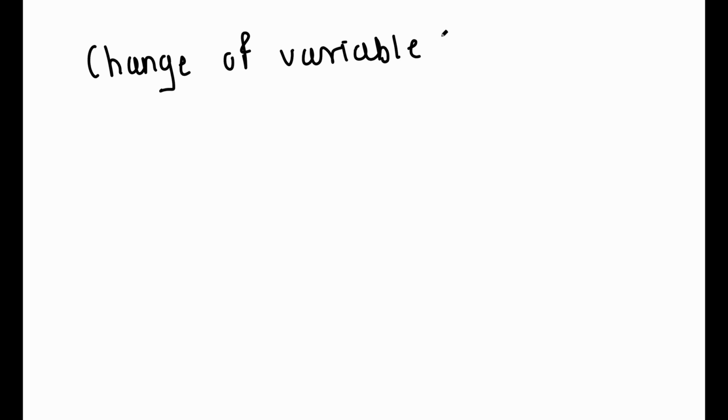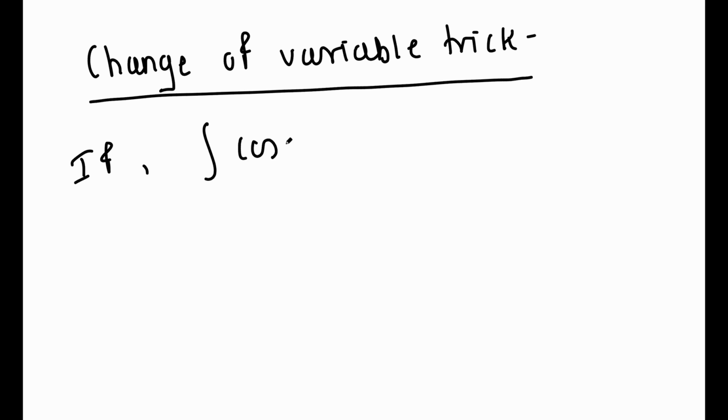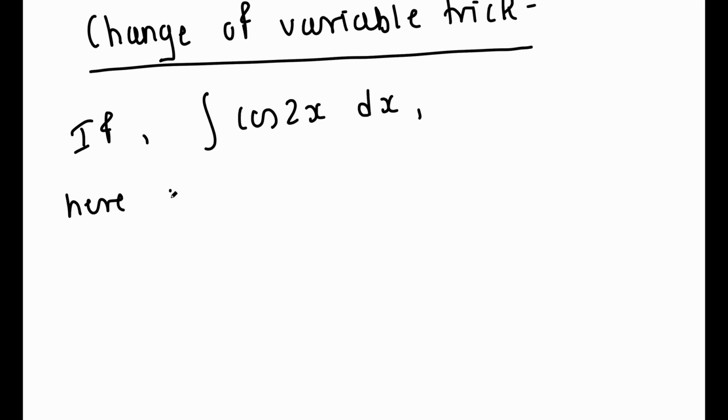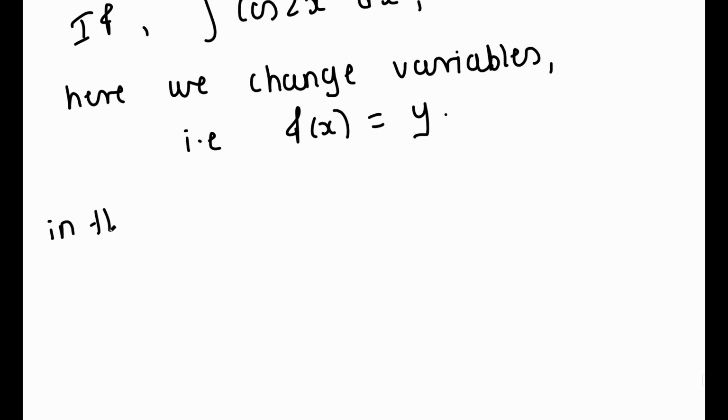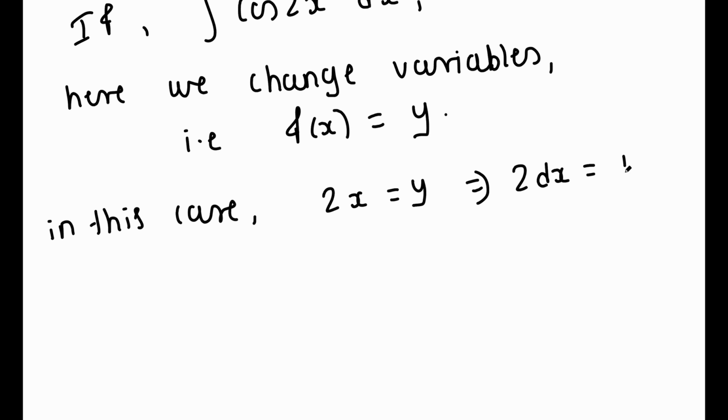If the given integral is like integral of cos of 2x dx, then we can use the change of variable method to evaluate this integral. In this method, we replace the function of x with a variable y. In this case, let 2x equal y. If we differentiate on both sides, we get dx equals dy by 2.